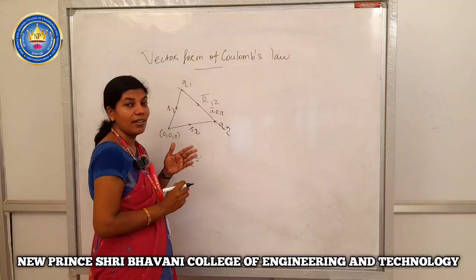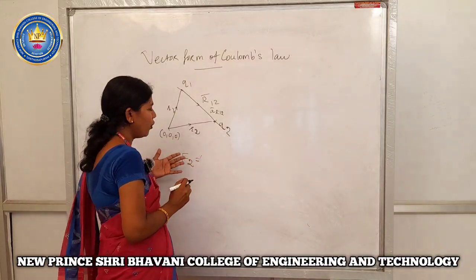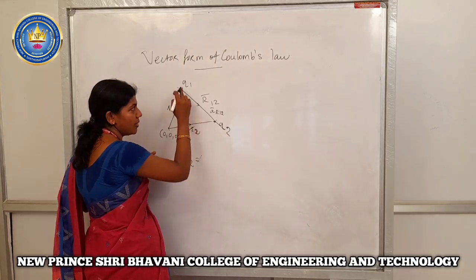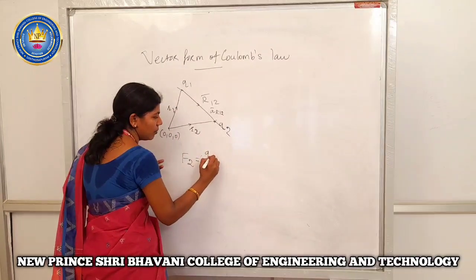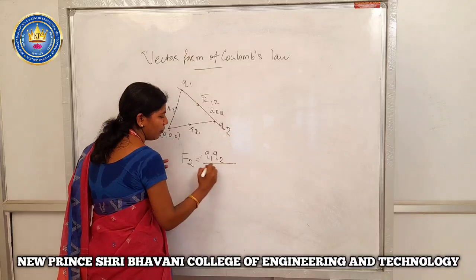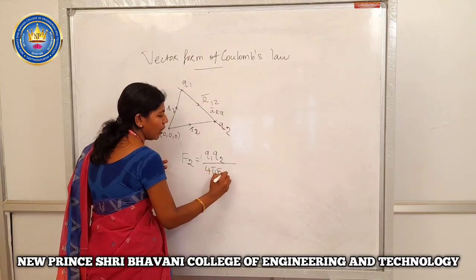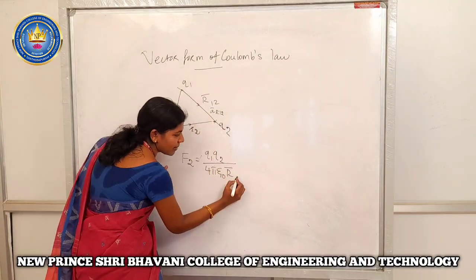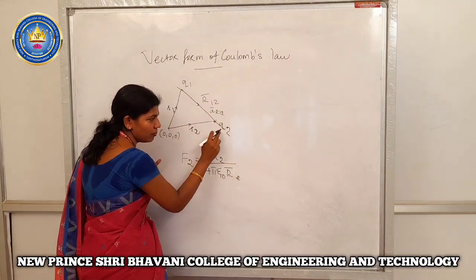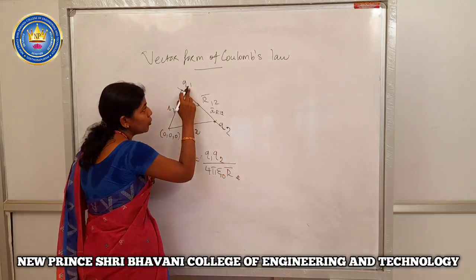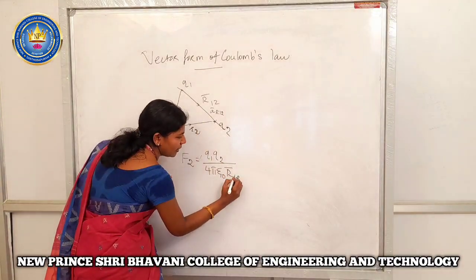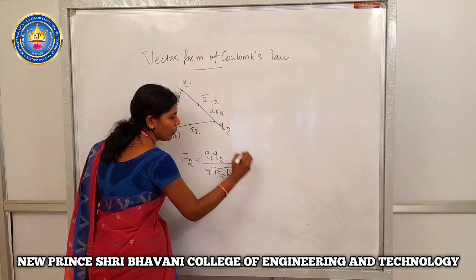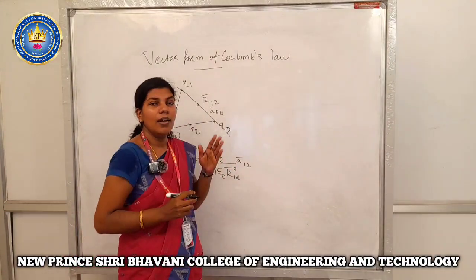By the definition of Coulomb's law, the equation for F2 is the product of the charges Q1 and Q2 divided by 4 pi epsilon naught r bar 12 square into a bar 12. Here a bar 12 is a unit vector.